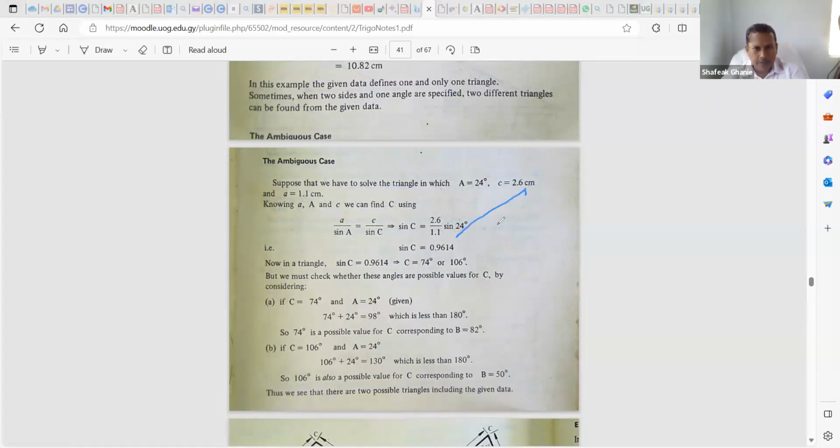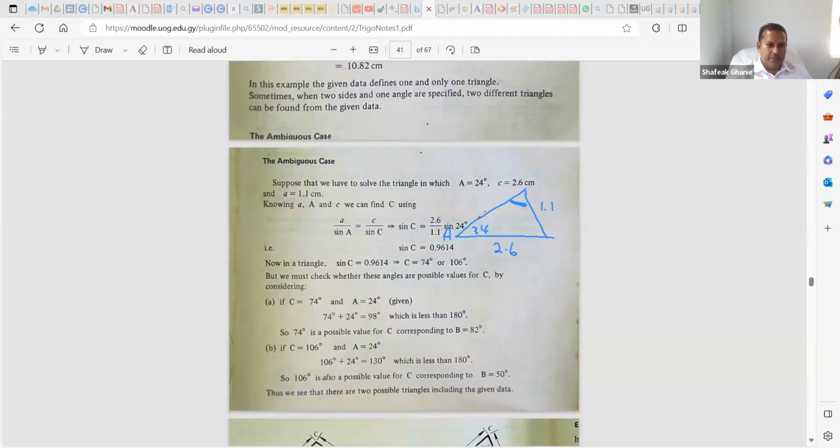Let's say this is 24 degrees here, the side opposite is 1.1, and this here is 2.6. So we assume that this here is maybe an acute angle and all, right?